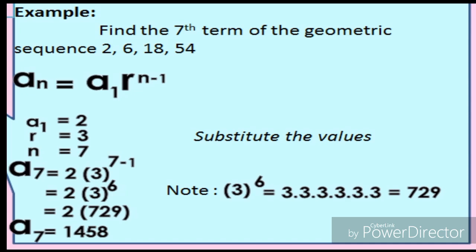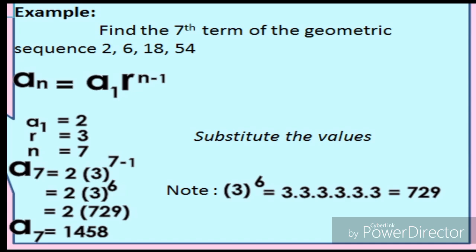Okay, so we substitute the values. We have a sub 7 because we're going to find the seventh term of the sequence. It is equal to 2, which is a sub 1, times 3, the r, raised to 7 minus 1. 7 minus 1 is 6, so we have 2 times 3 raised to 6.